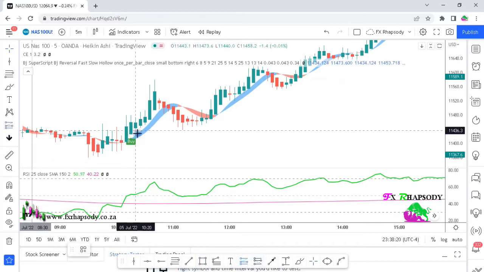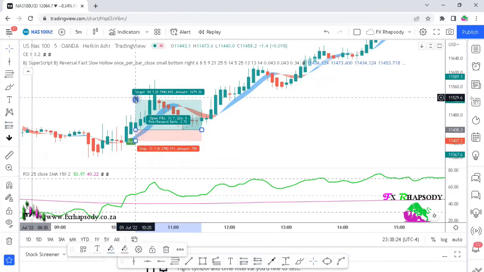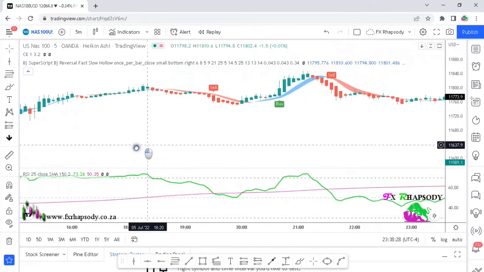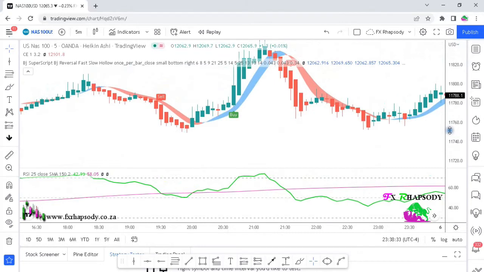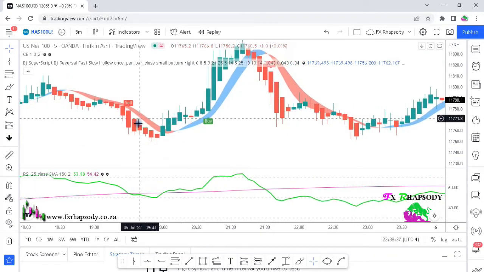Okay, so that is where I place my buy. Again, we run here and there's some nice profits. Then we start moving on. Remember, it is scalping, guys. So a lot of times there will not be any long trades. And this is just for scalpers, guys. You go in and out of the market.